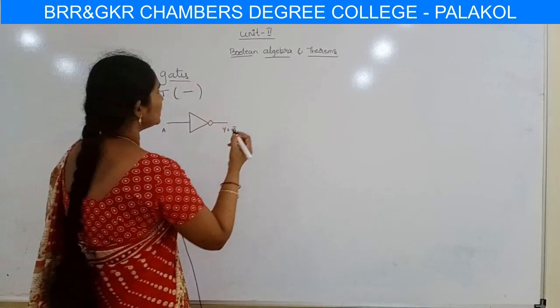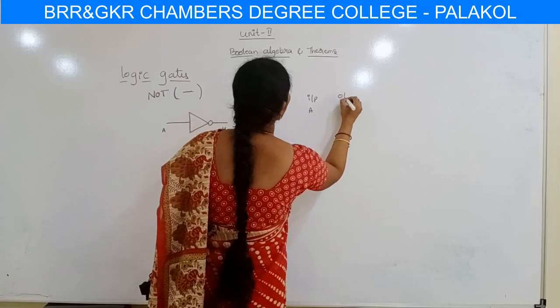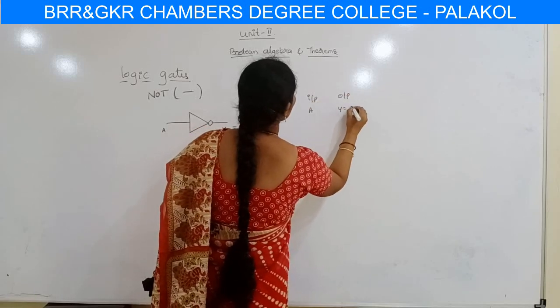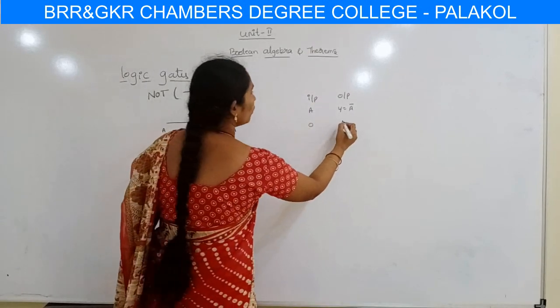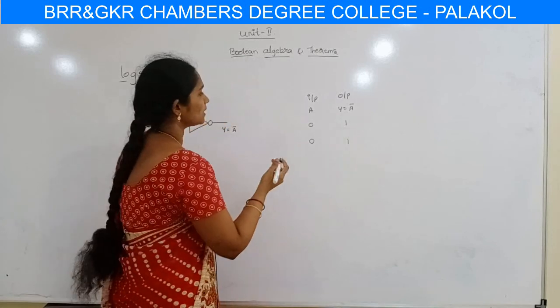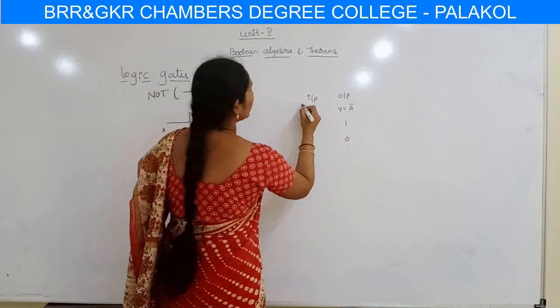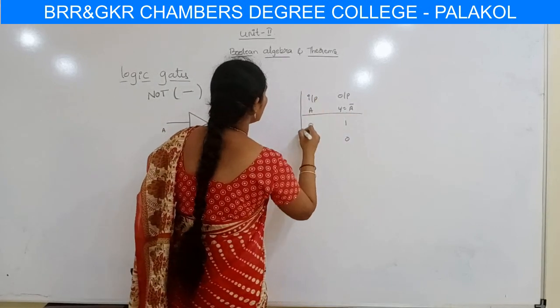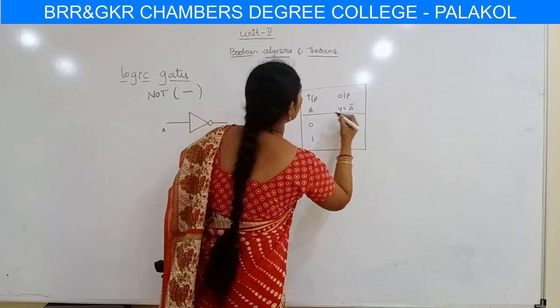The truth table for this gate is: input A and output Y equal to A bar. For example, if the input is 0 the output is 1, and if the input is 1 the output is 0. This is the truth table for the NOT gate.